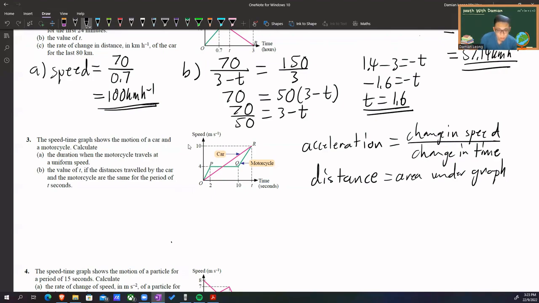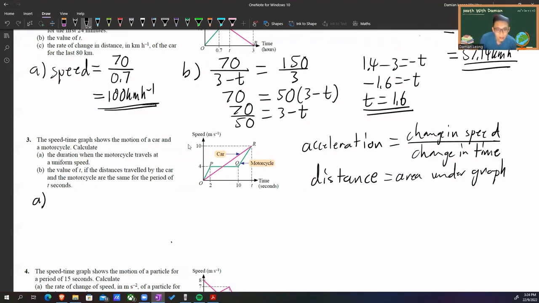So if we look at part A here, one more thing is average speed. Average speed is also calculated in a speed against time graph. So we will need the distance first, then only I can find average speed.